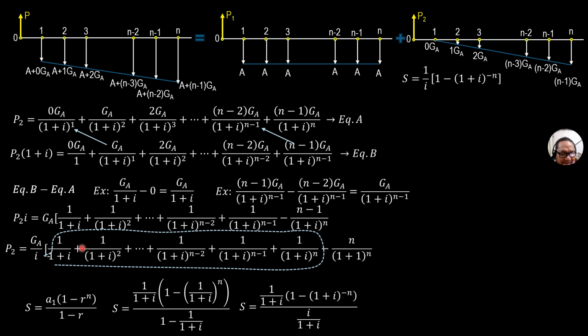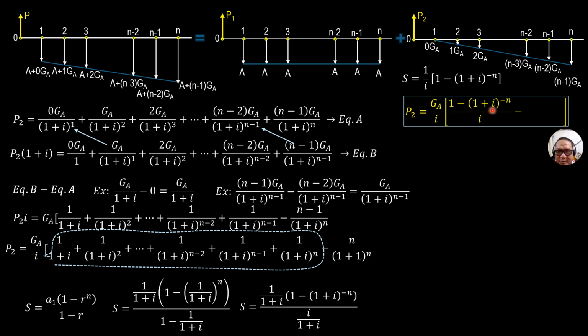We then replace these terms here by that value, and we copy this and this. So P sub 2 therefore is equal to G sub A over i, quantity 1 minus 1 plus i to the negative n over i minus n over 1 plus i to the n.